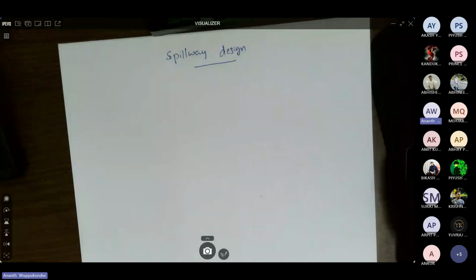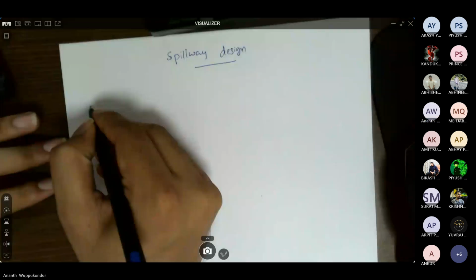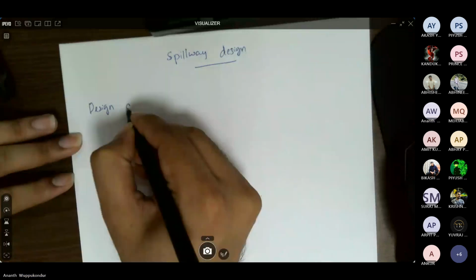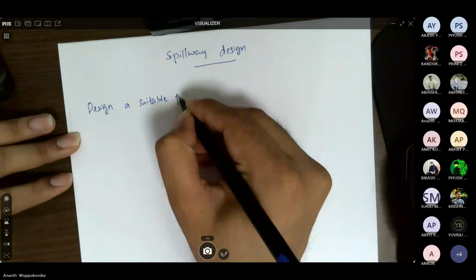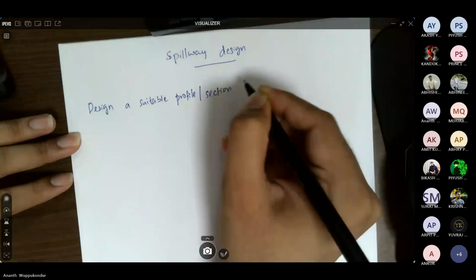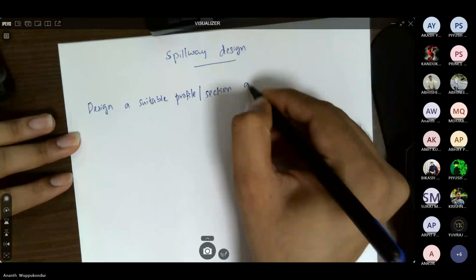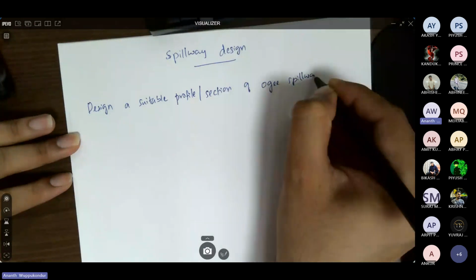In this, we are going to look at a problem which requires us to design a suitable profile or section of an Ogee spillway of a concrete gravity dam.